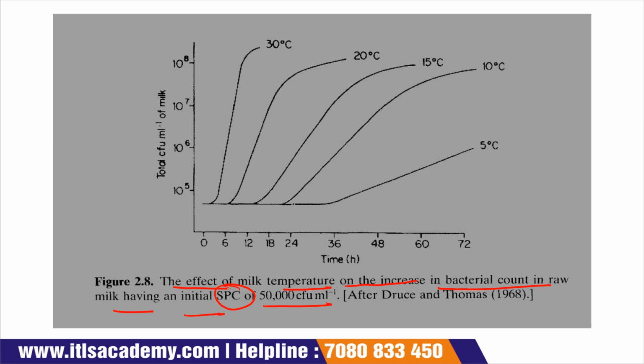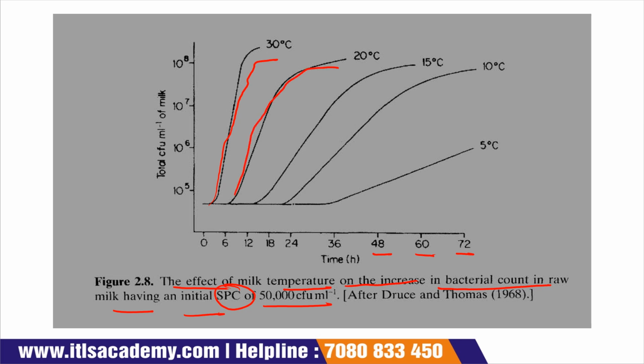So this is your time, that is 0 hours, then 6, then 12, then 18, then 24, then 36, 48, 60 and 72. Okay, so this is the CFU count. Here you see that when the time increases, the bacterial load in the food will also increase. See, the graph is in an increasing order.